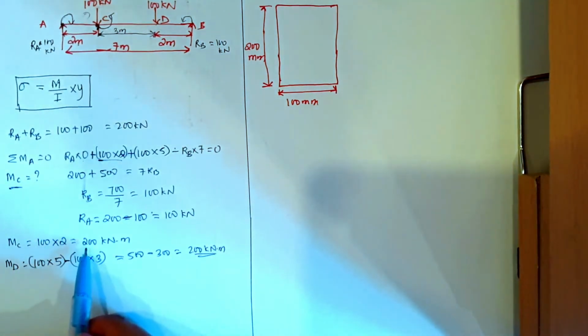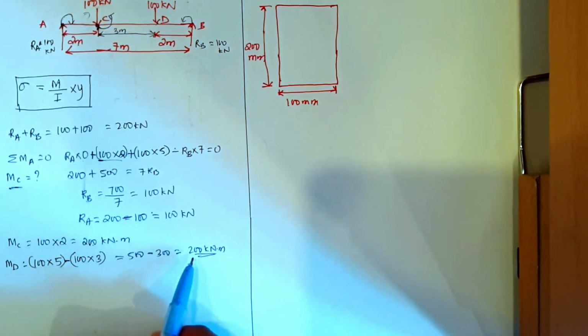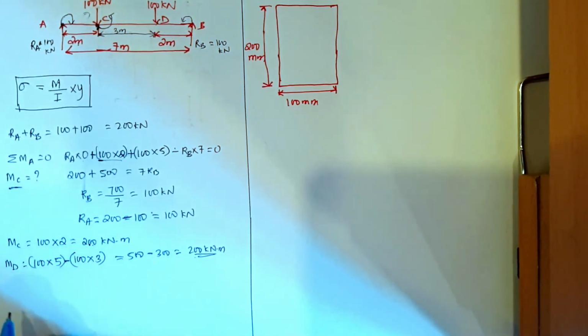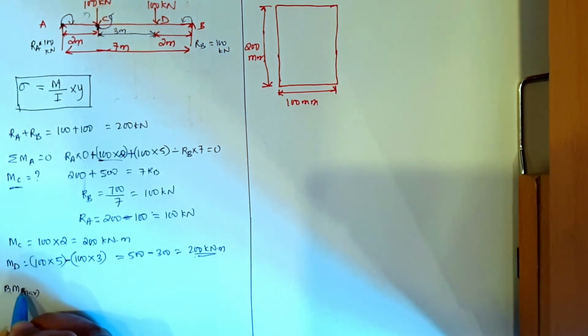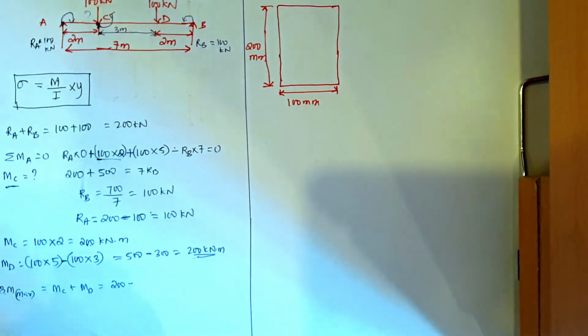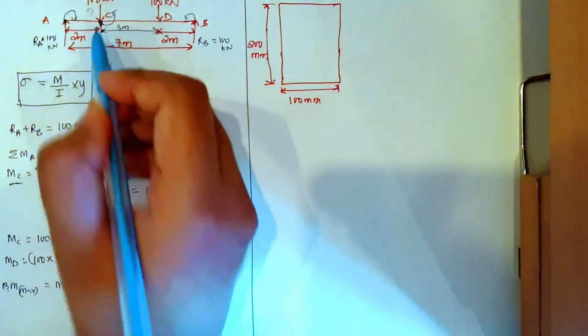So moment at C is 200, moment at D is 200. So my bending moment maximum will be equal. Maximum moment will be at this point.